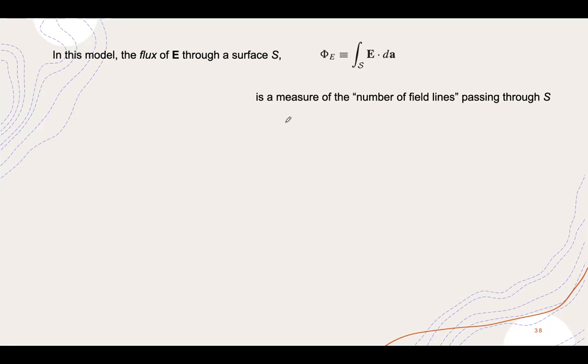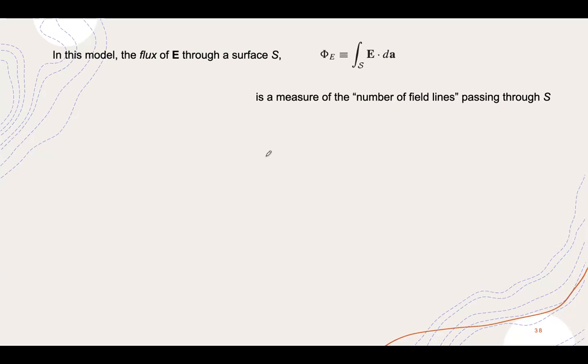What does it mean? It is a measure of the number of field lines passing through S. That's what I showed before: you have some area, and how many field lines are passing through that particular area. So this is a very important quantity called the flux of electric field.